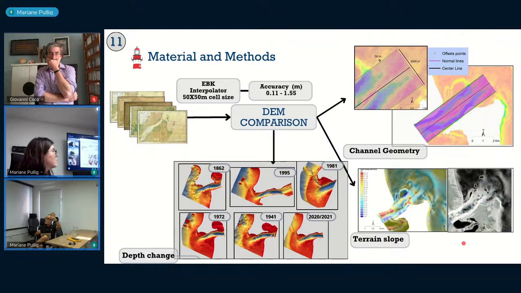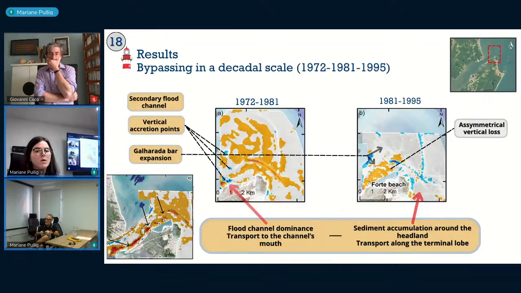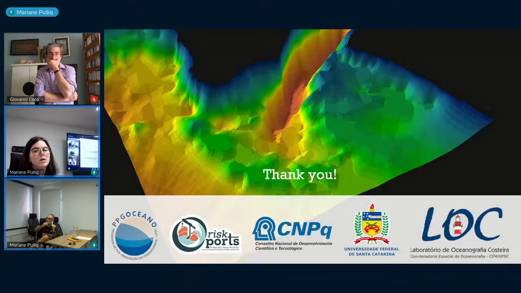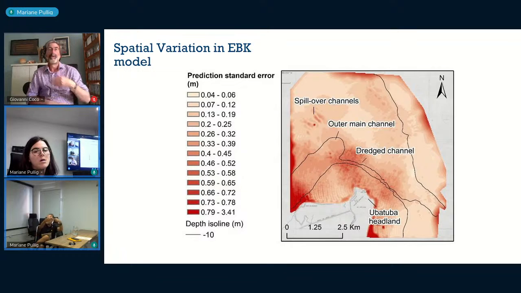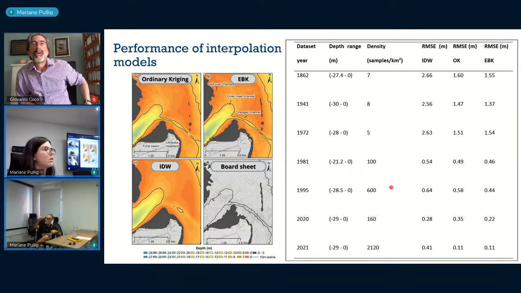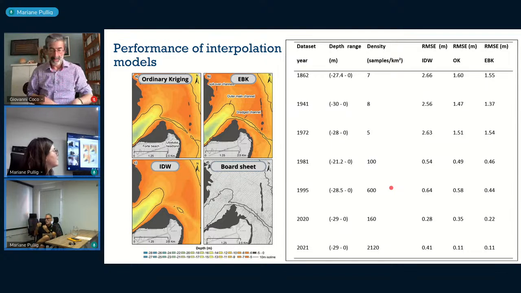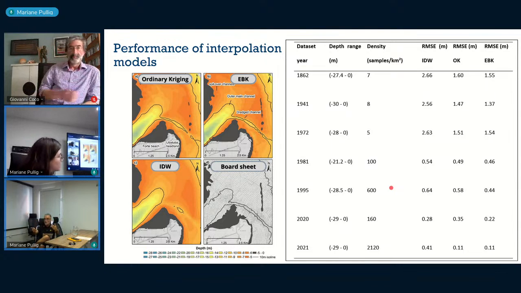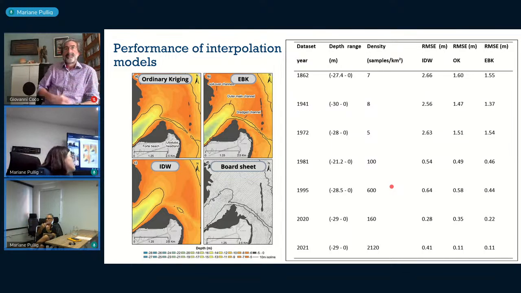But does the first nautical chart from 18-something cover the same extent as all the others, or only one part? Is the north present there, or did they not sample the north? The number of points in this nautical chart, and the geometry, is the distribution the same as in the other data? So sometimes you may be interpreting some features not because they exist, but because you have original data with an extent, a density, and a geometry that gives these false features.